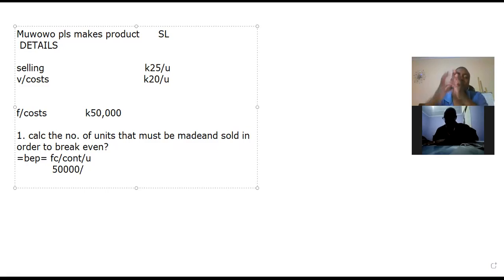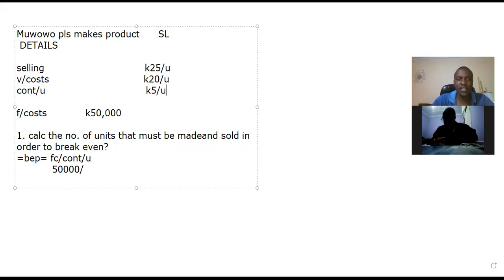The selling price above is 25. And when we less 20, guys, we are going to have contribution per unit. I am contribution per unit, guys. And I am kwacha 5 per unit.